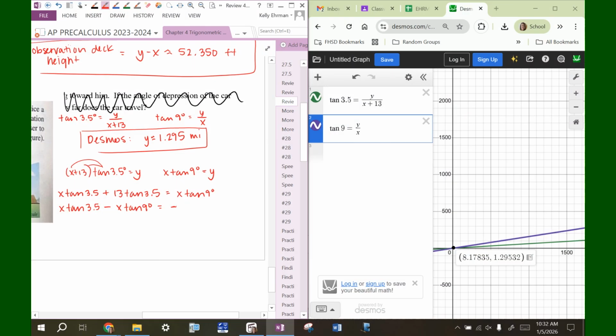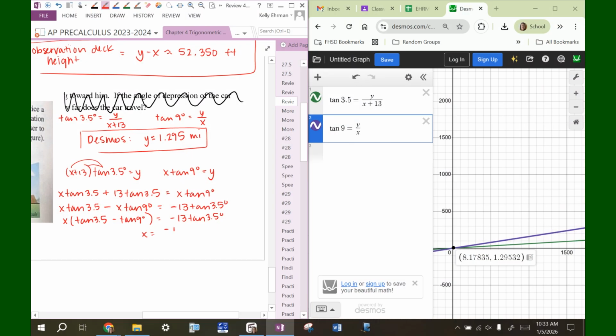Subtract your non-x over to the other side. Factor an x out. That's why you get them on the same side. And then solve for x.